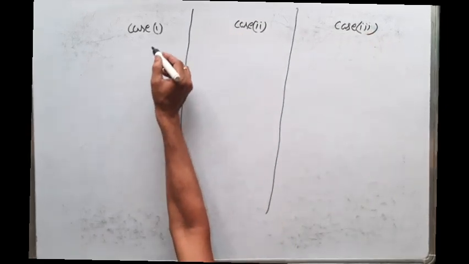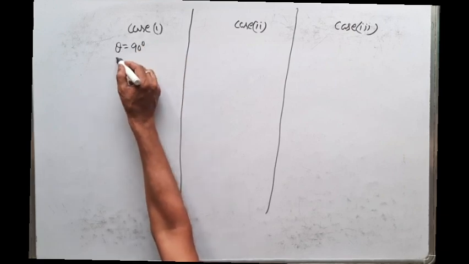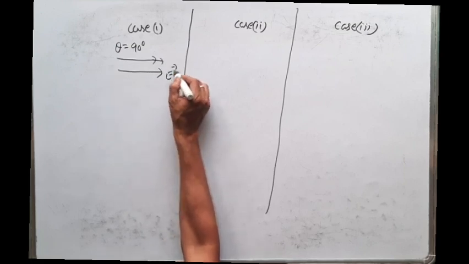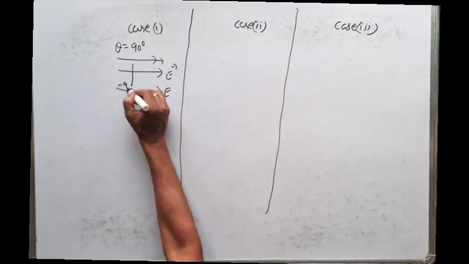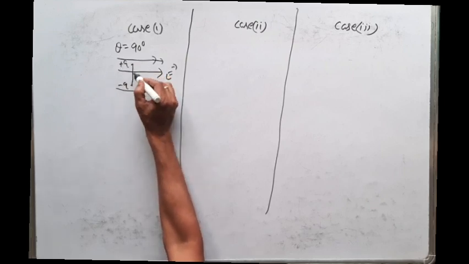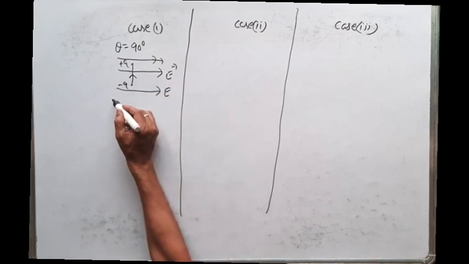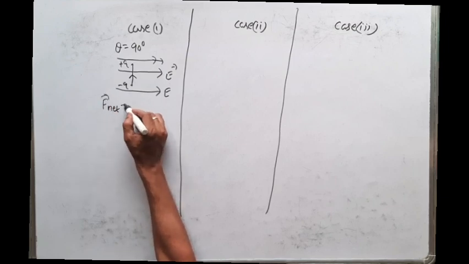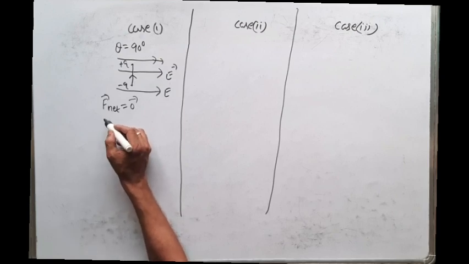So you see case 1, let theta is equal to 90 degrees. Theta 90 degrees means the electric field and the dipole are perpendicular to each other. If theta is equal to 90 degrees, we know for an electric dipole the net force is always equal to 0, and what about the net torque?